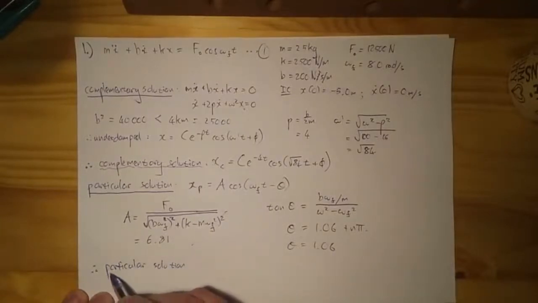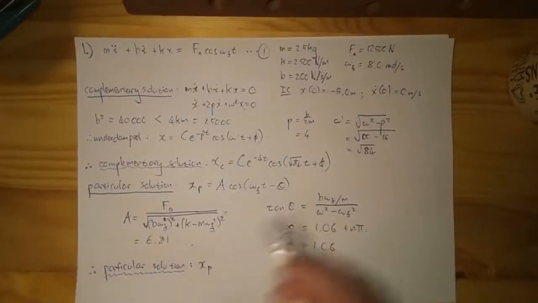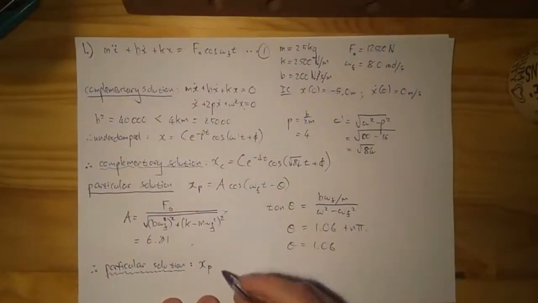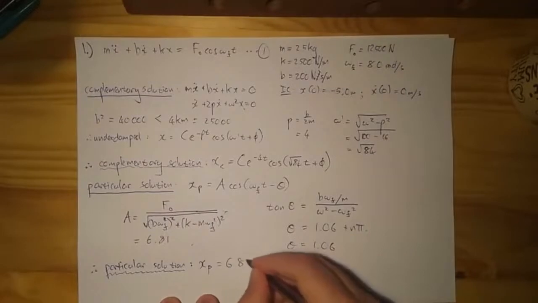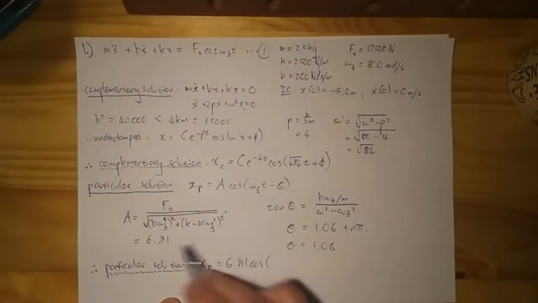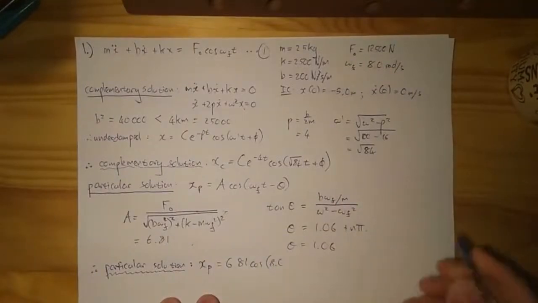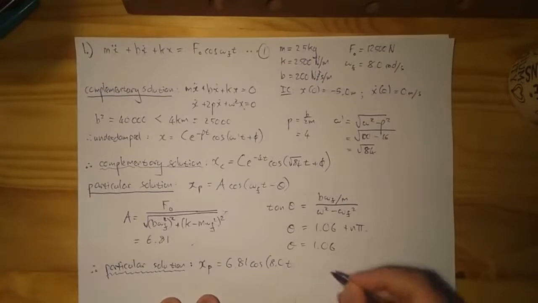Let's give it a nice squiggly line. xp is therefore equal to 6.81 times cosine of 8.0 t minus 1.06.